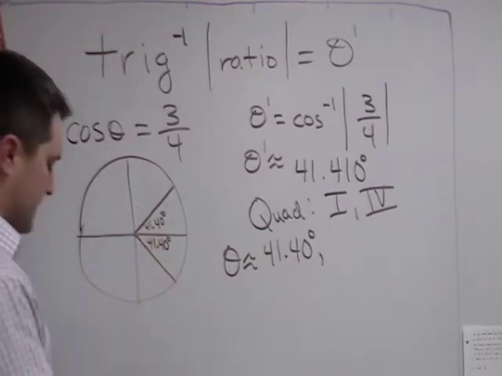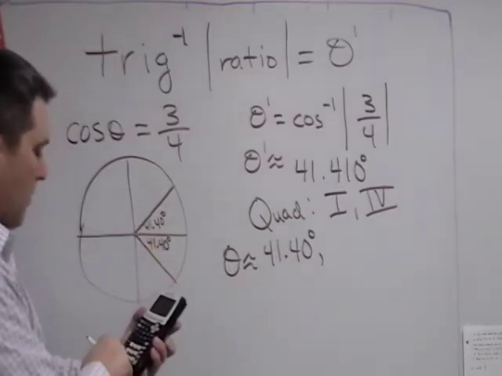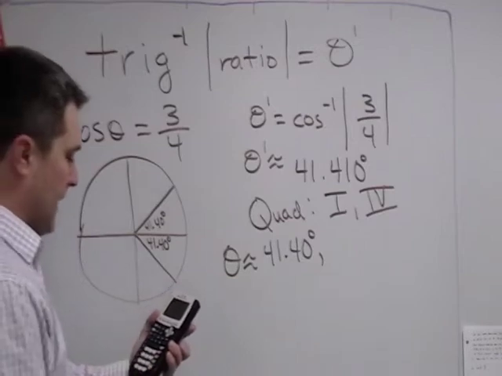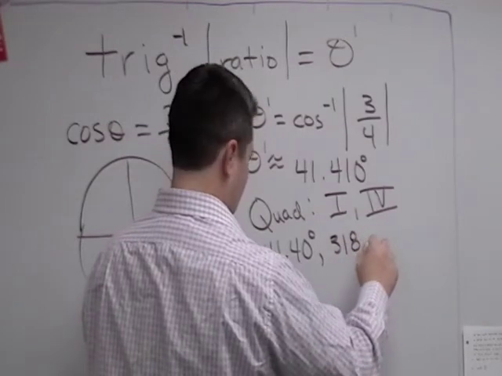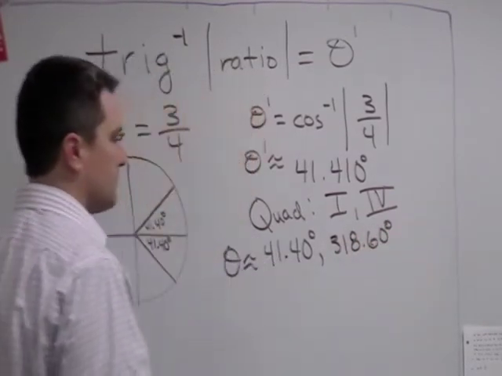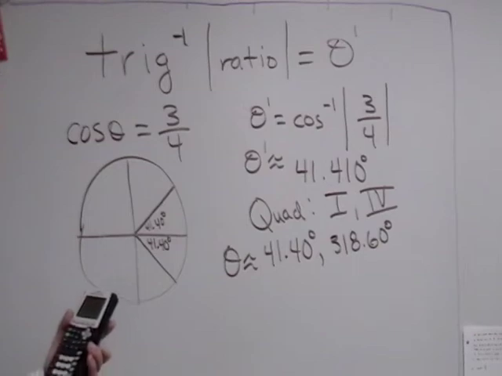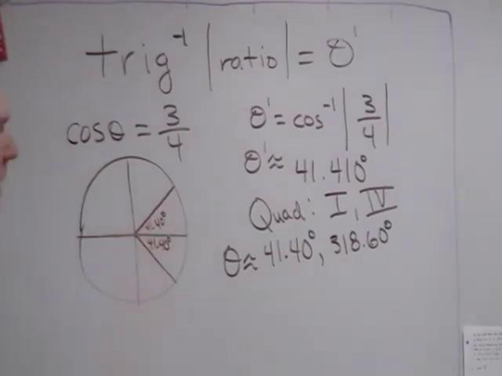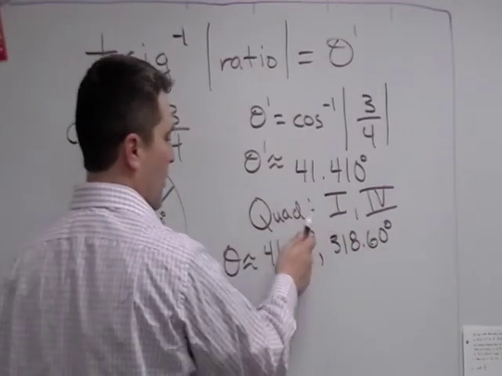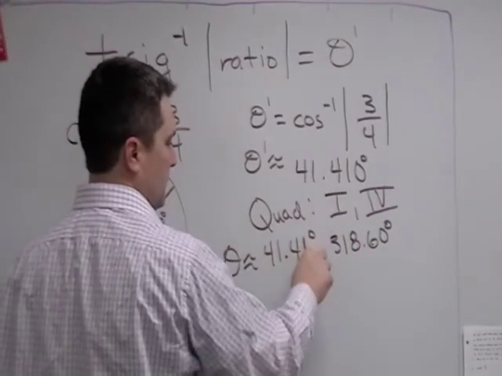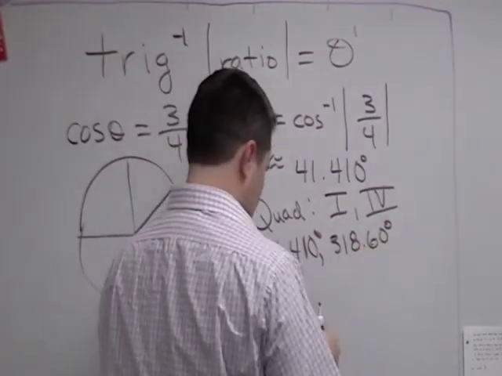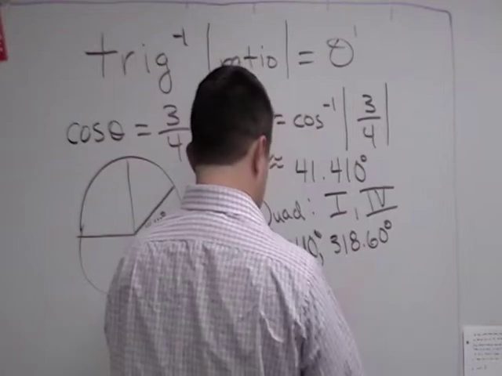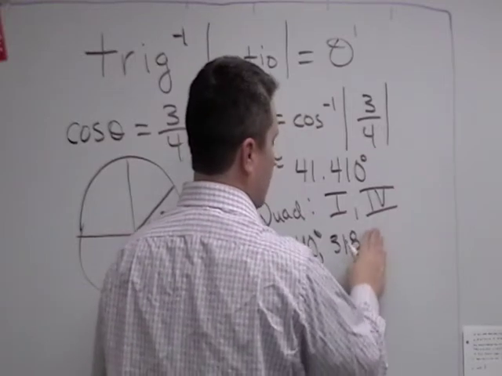So that's 360 minus 41.41, and that's going to give us 318.590 degrees. Okay, that's what I got when I rounded to 3 decimals. Oh, I guess that was 410. Whoops. Sorry about that.